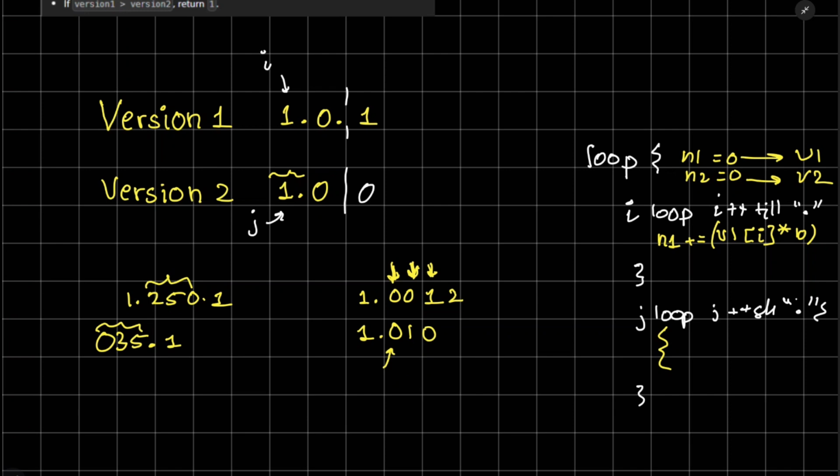Similarly, we will run this j loop for the revision, and once we have calculated both, we will compare n1 and n2.